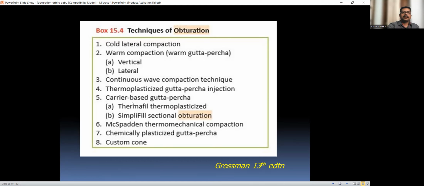Fifth is carrier based gutta percha techniques, under which the thermoplasticized technique and simplified sectional obturation techniques come. Under the sixth heading, Max-Padden thermomechanical compaction. Then the seventh is chemically plasticized gutta percha, and the eighth is custom cone obturation technique.